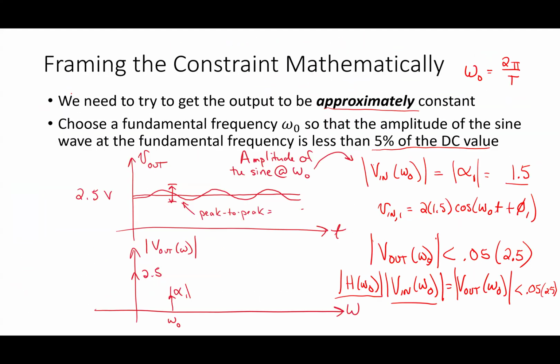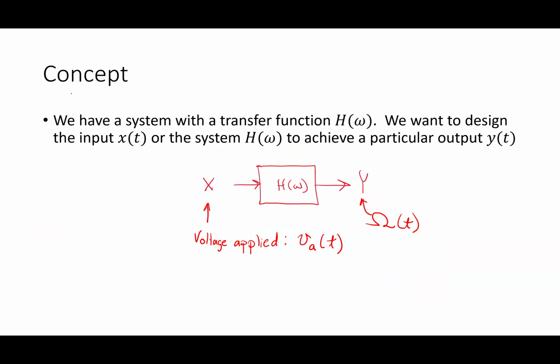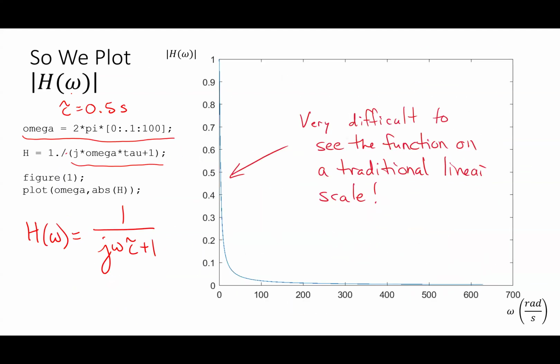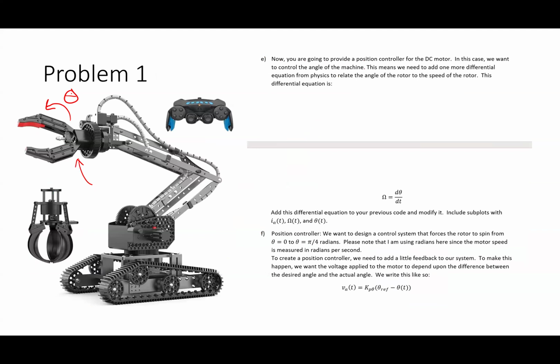So to do that, I make you include not just, back to my initial picture, the speed of the shaft of the motor, but also its position, all right? If I only want to spin this thing 90 degrees, I can talk about its speed, but I can also talk about its position. So I talk about the relationship between speed and angle. So in problem one, I also say I want to include the position as well.